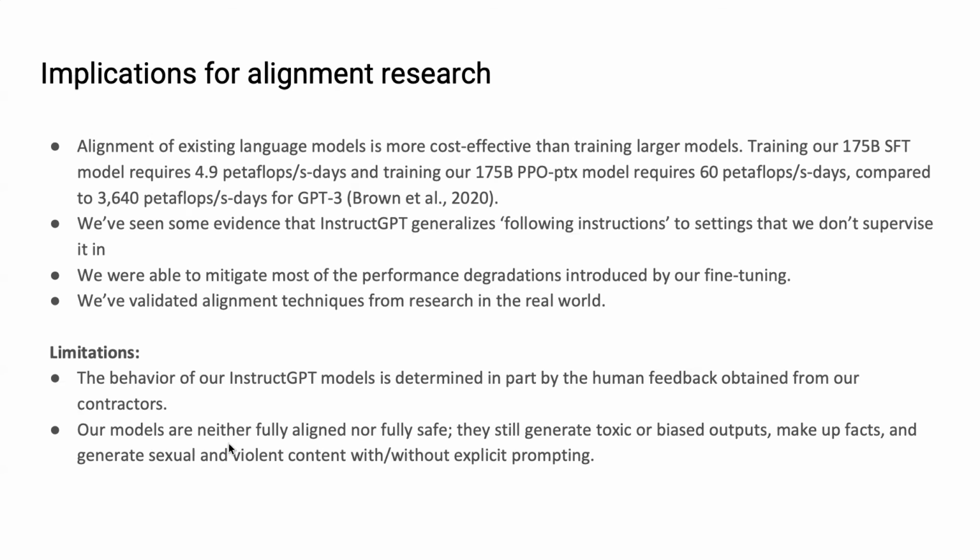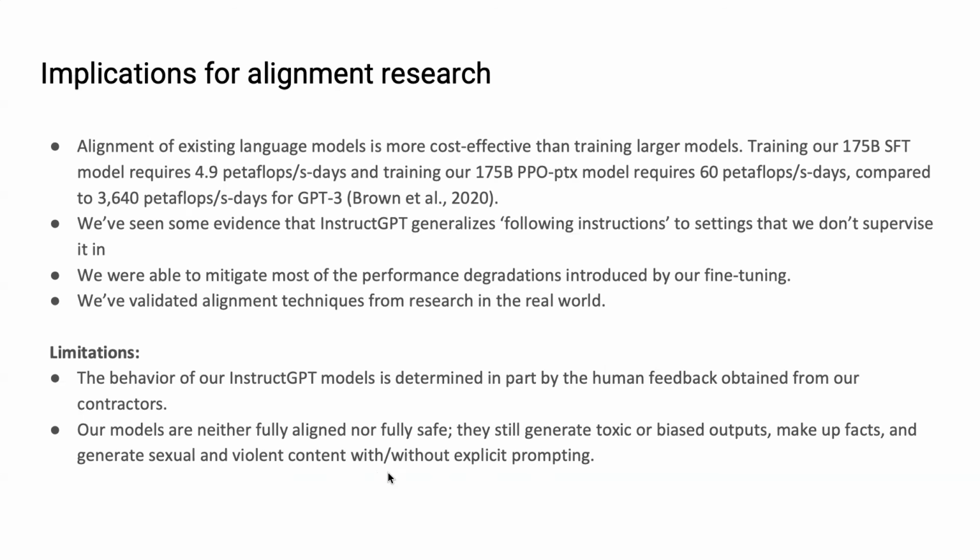And also their models are not fully aligned and not fully safe. They can still generate toxic and biased outputs, and they can still hallucinate, etc. So these are all future directions for following up on their paper. They can also generate violent content, with or without explicit prompting.